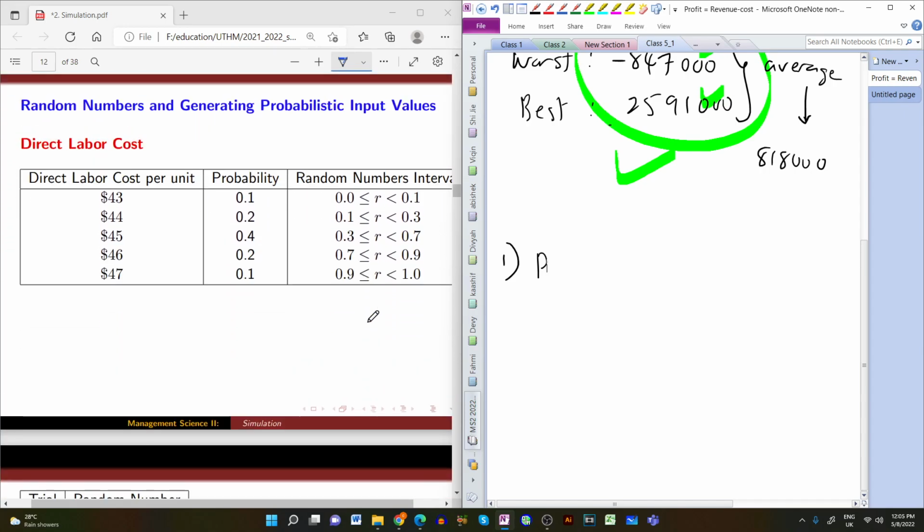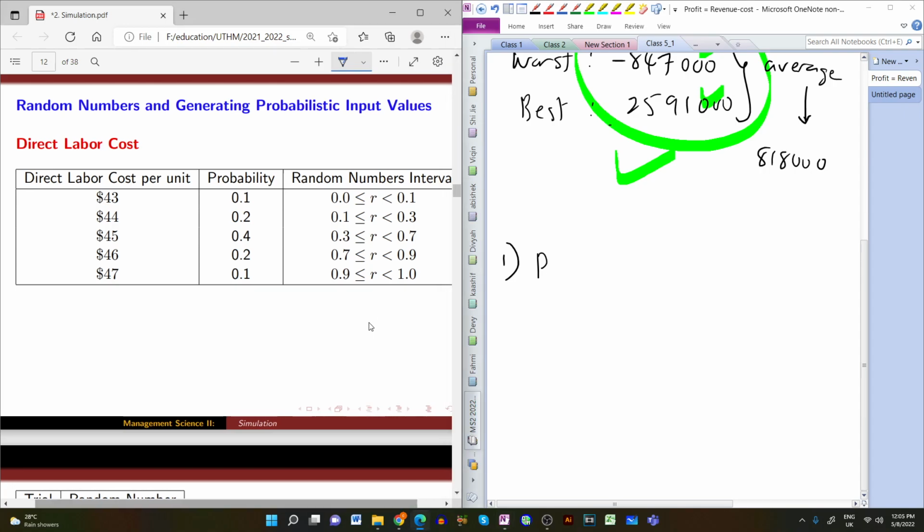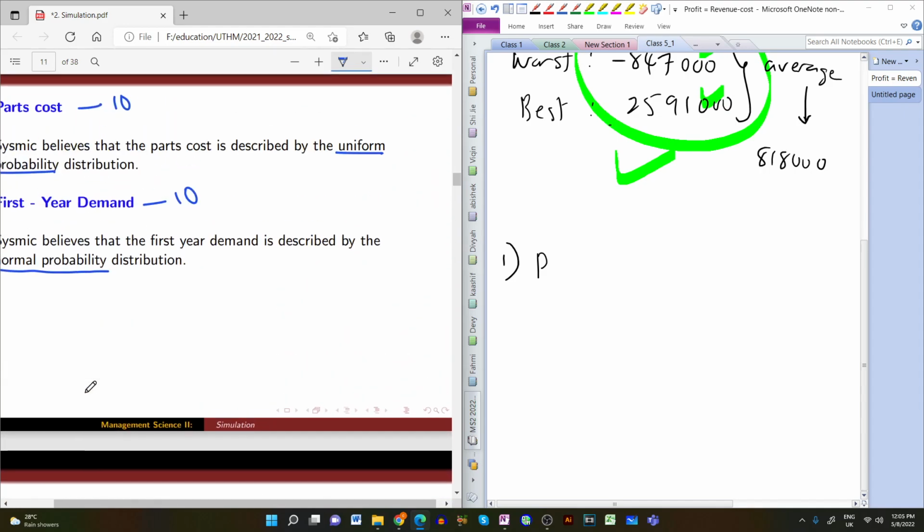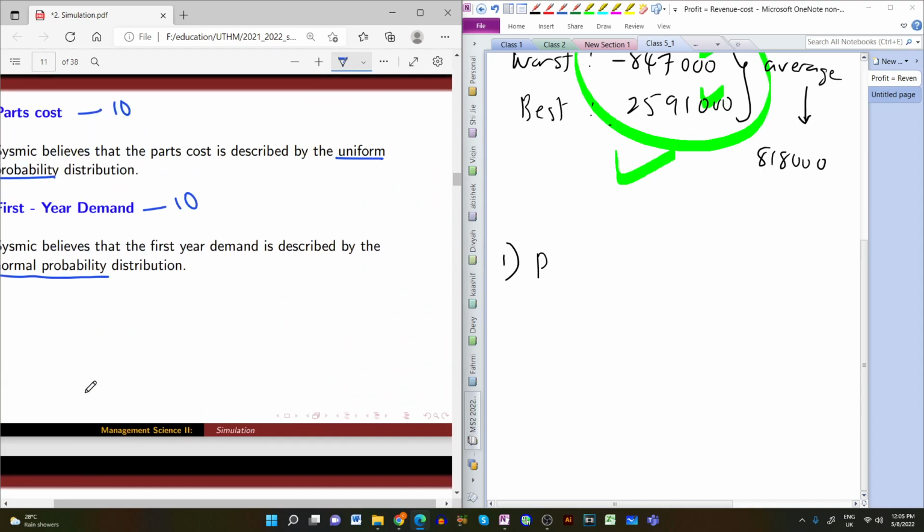Before we use random numbers, if I give you the value of cost, the probability, before we choose 10 labor costs, make sure you did random number intervals. Wait, this one I need to check which part you have to copy.